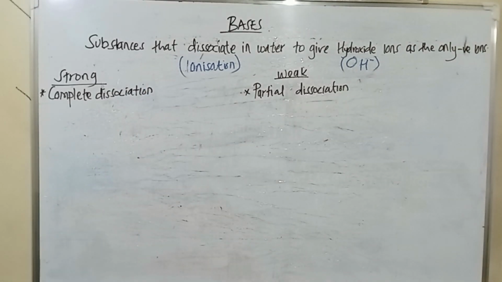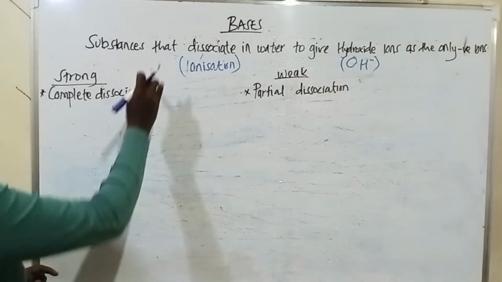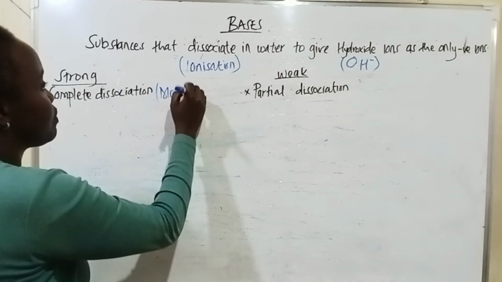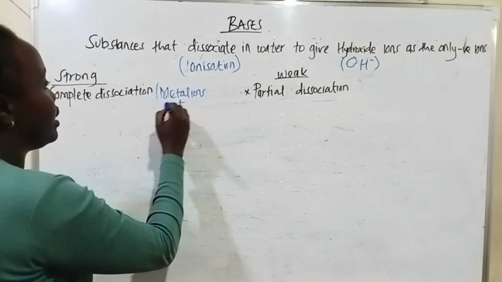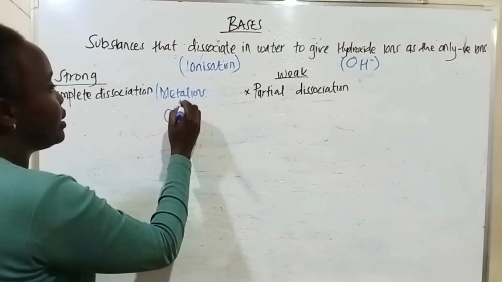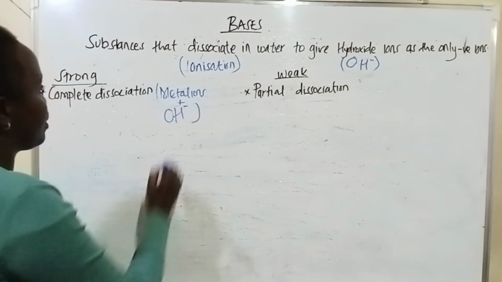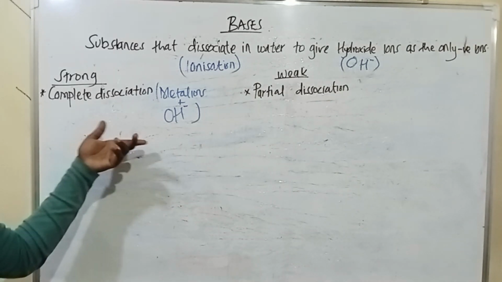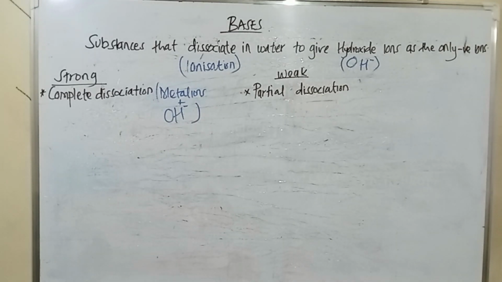So these strong bases, we say they dissociate to form metal ions and hydroxide ions. Okay, so they undergo complete dissociation, to form metal ions and hydroxide ions.